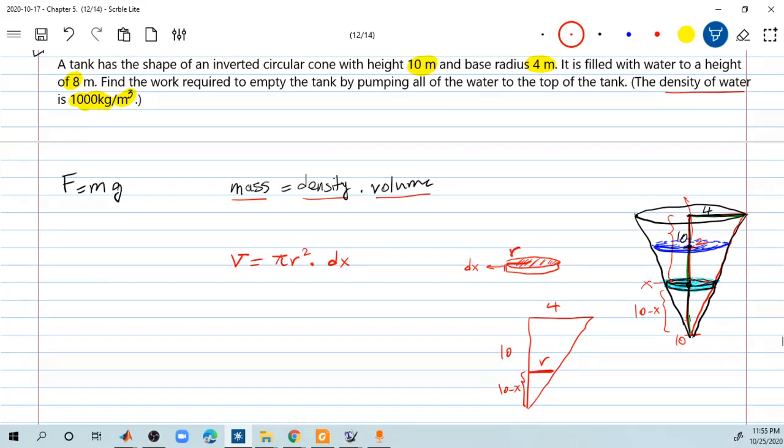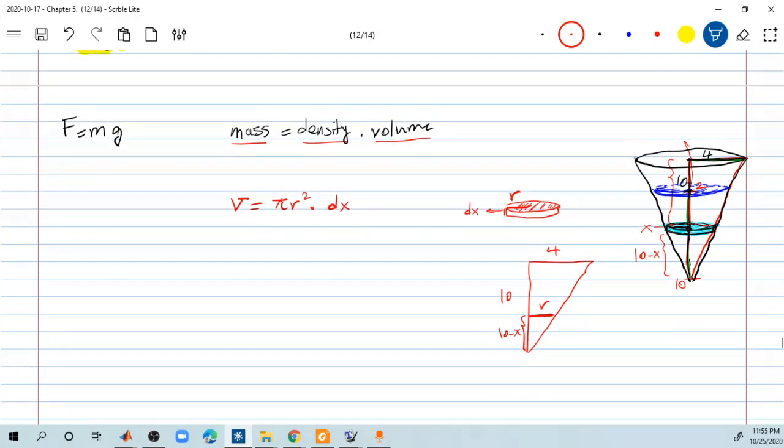So what would be the relation between radius and x? You have two triangles: the small triangle and the large triangle, with sides 10 minus x and r. By triangle similarity, I can say 4 divided by 10 must be the same as the radius divided by 10 minus x. This is very common; we have already used this idea.